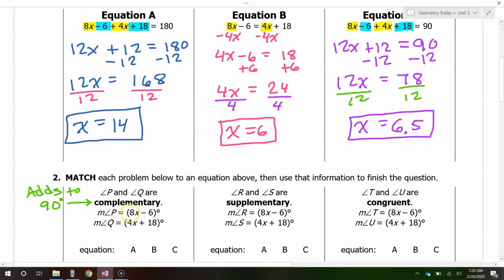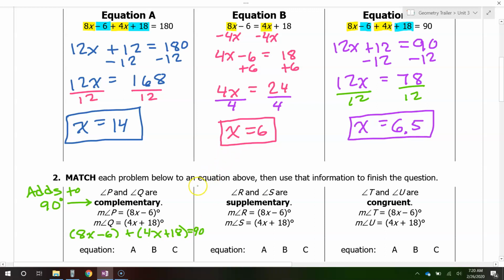So that means that 8x minus 6 plus 4x plus 18 has to equal 90. Okay, so they have to add up to 90. So 8x minus 6 plus 4x plus 18 must equal 90.